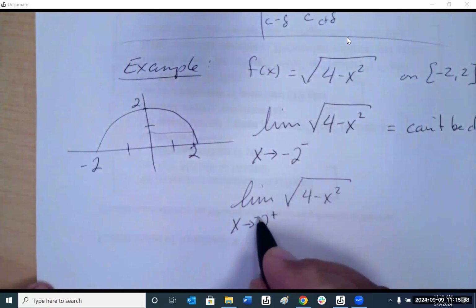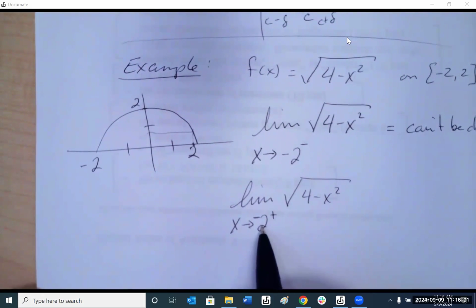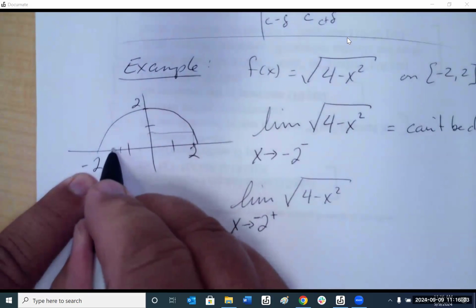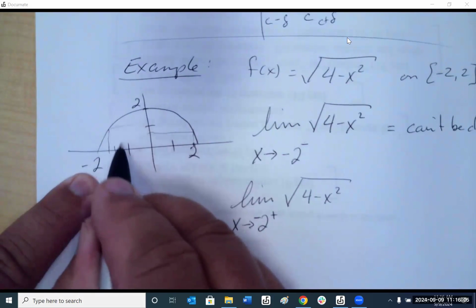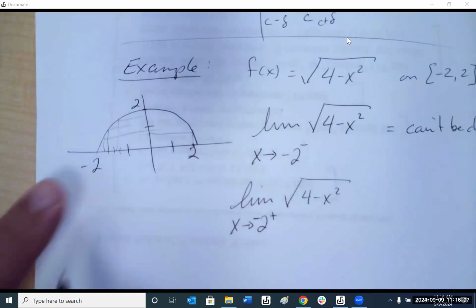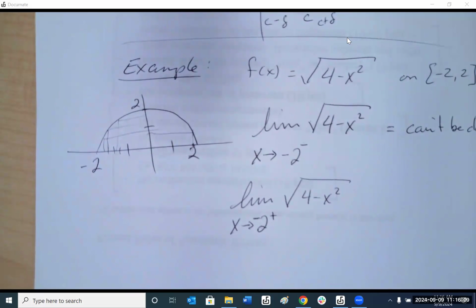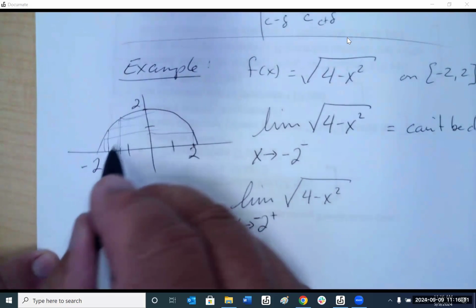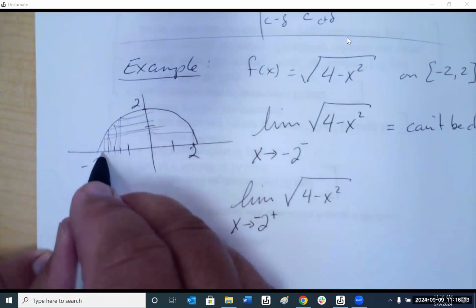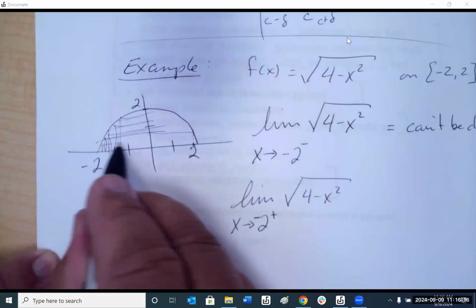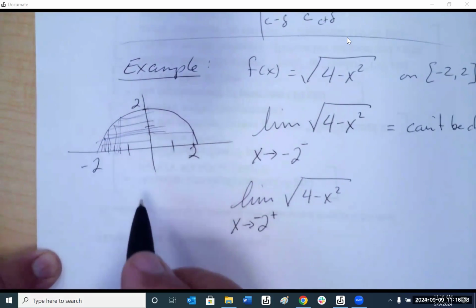with -2. What this says is we can approach -2 from the right because each of these values are defined. And as we get closer to -2, where are these values going? What's happening here on the y-axis?